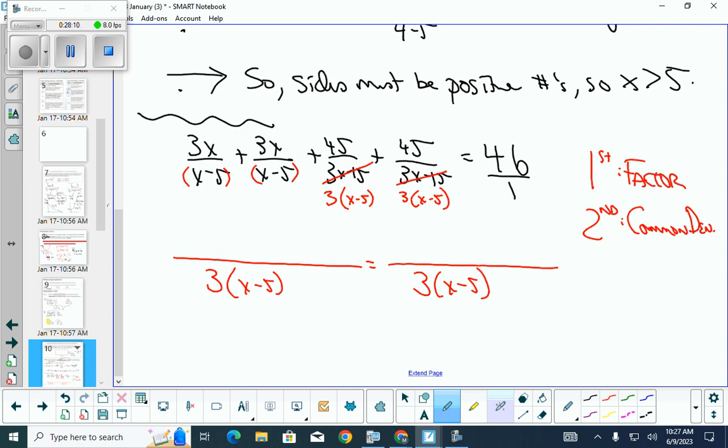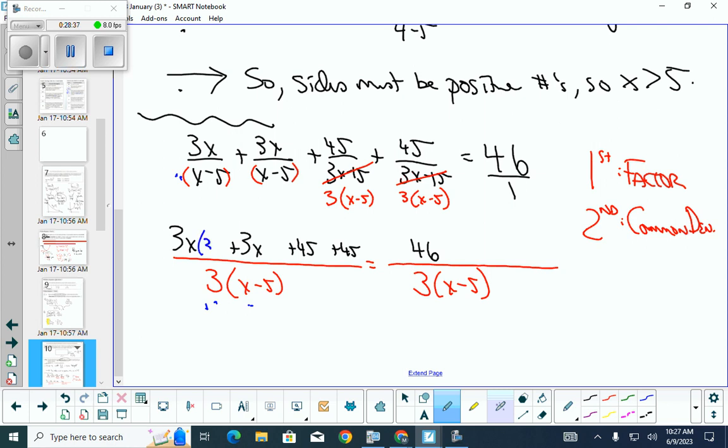All right. I'm just going to go in and write in all of my numerators. Okay. So the first denominator is x minus 5. So what do I need to insert to make them the same? So this one already has the x minus 5. So all I need to insert in is the 3.